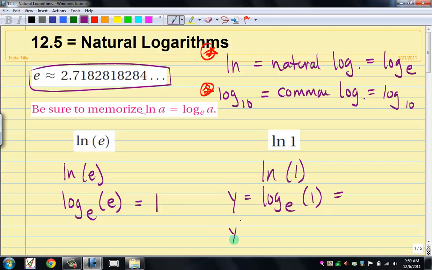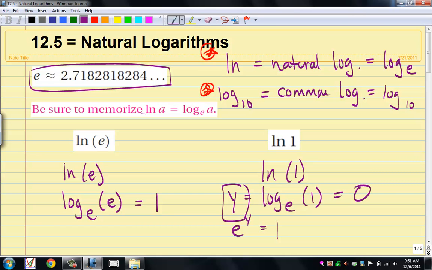You'd say e to what power? e to the y power equals 1. And this is going to be 0, because y equals 0. So the log base anything of 1 is equal to 0.